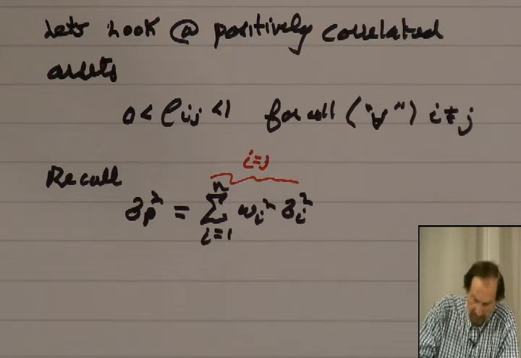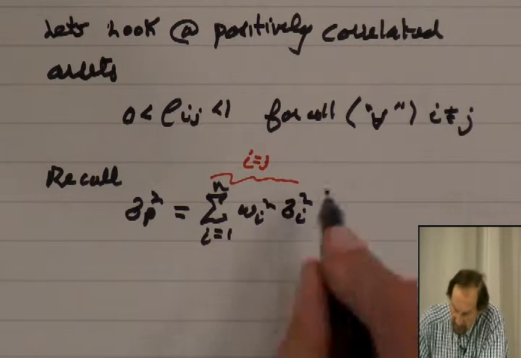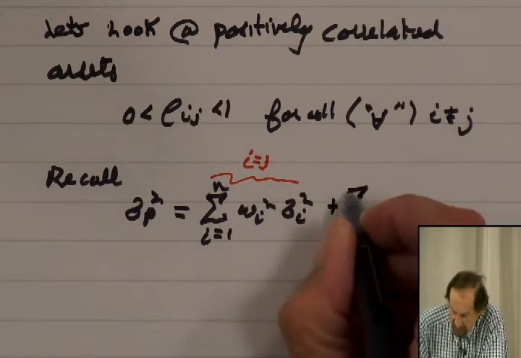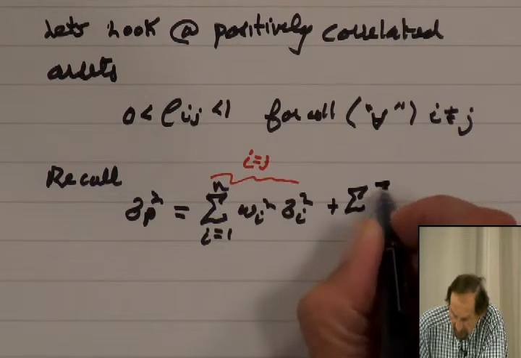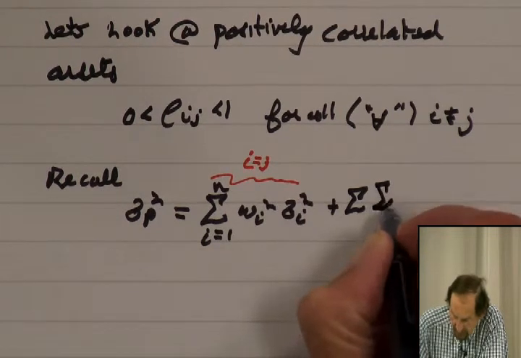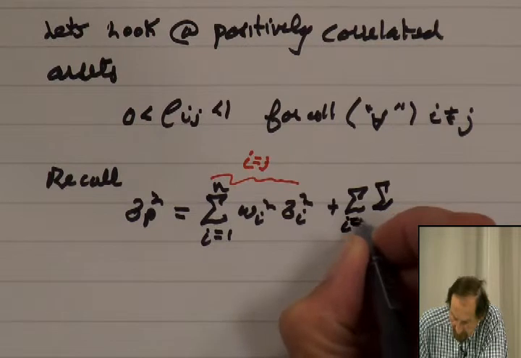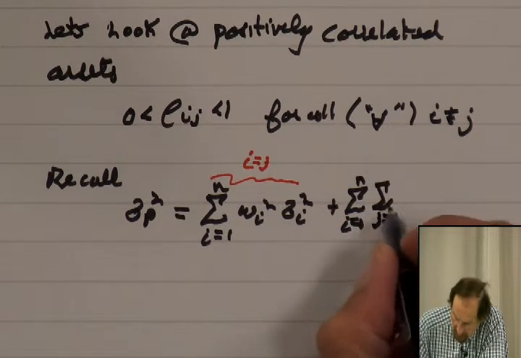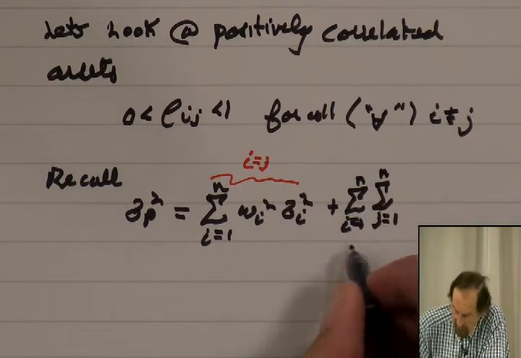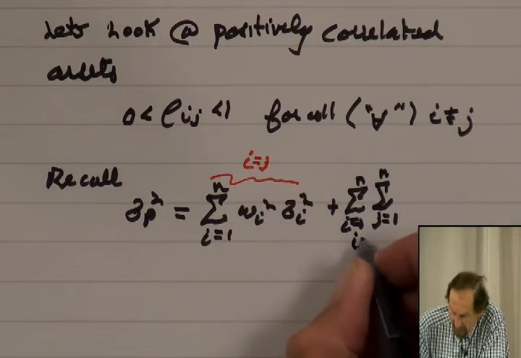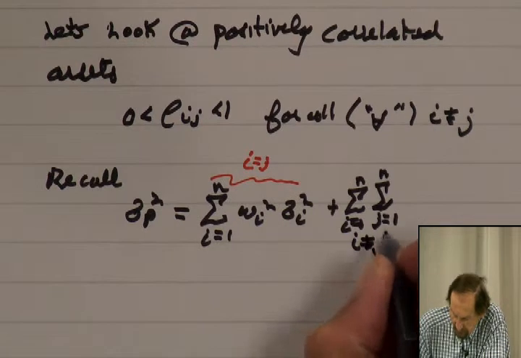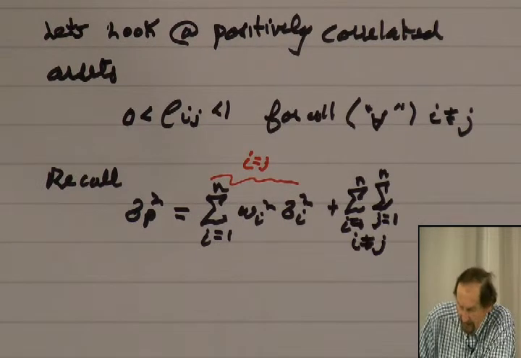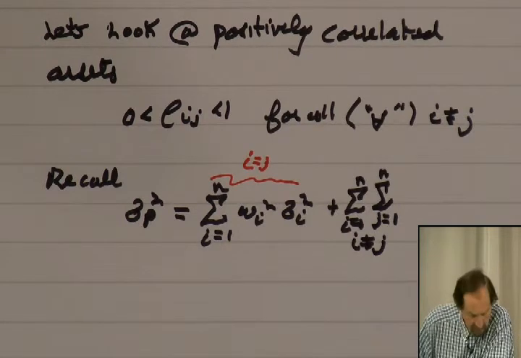Then we have the terms where i does not equal j, plus the double summation i equals 1 to n, j equals 1 to n, with i not equal to j.